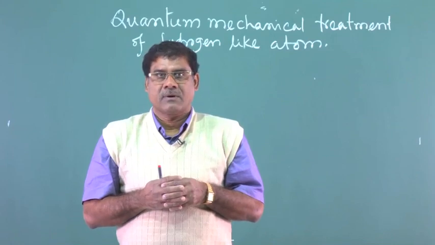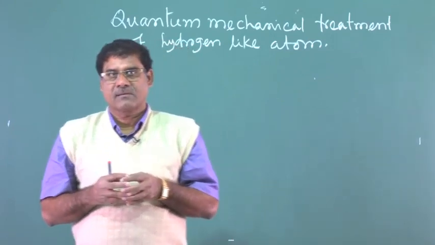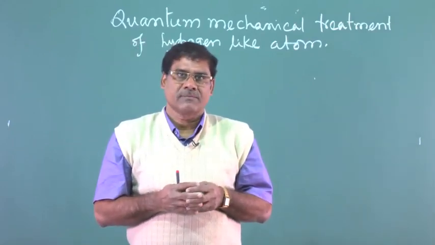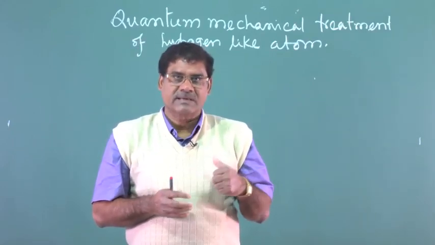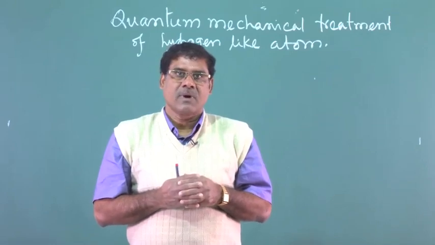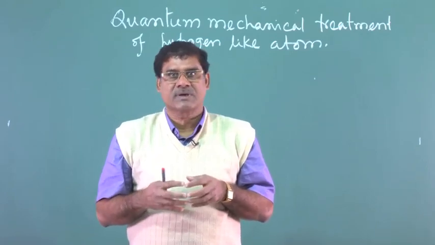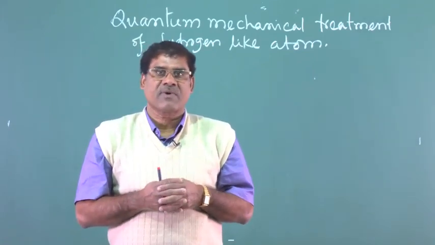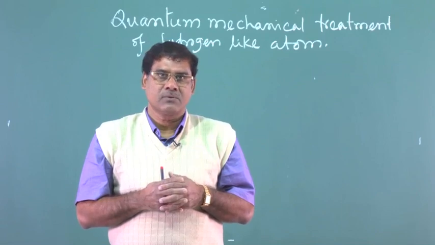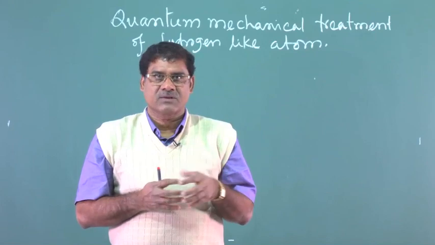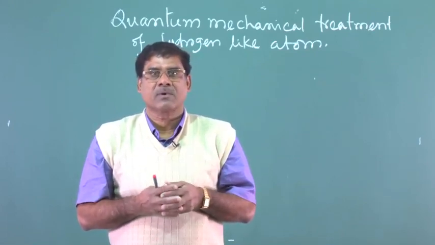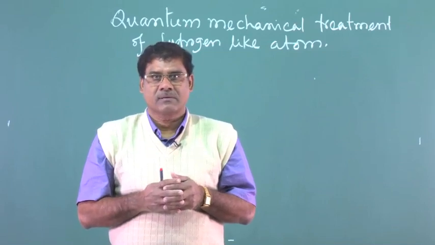Now, this wave function basically contains all information about the hydrogen atom. So, one has to know how to extract that information from this wave function, and one has to interpret this wave function to get defined information about the hydrogen atom.